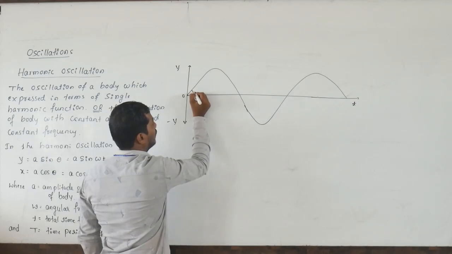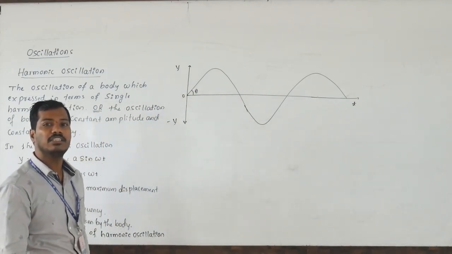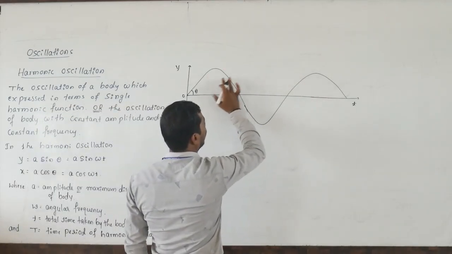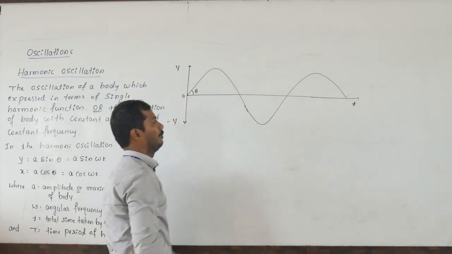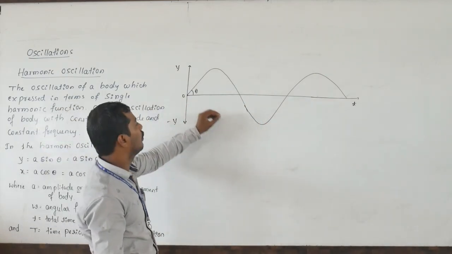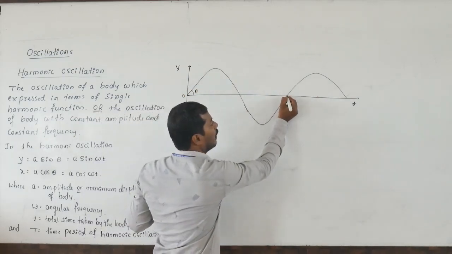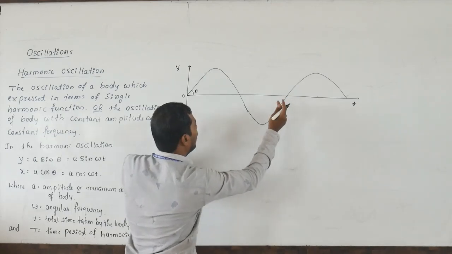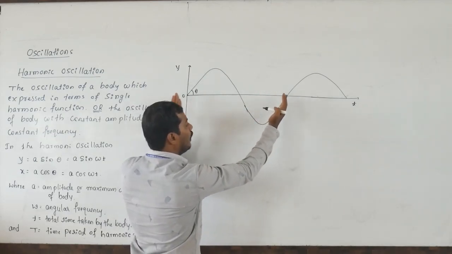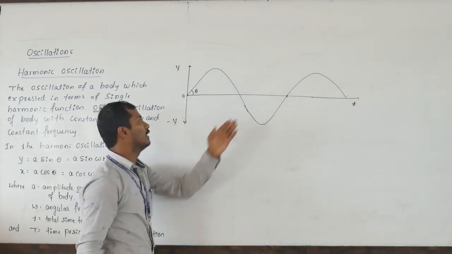Theta is the angle made by the body which starts to oscillate. The amplitude of both waves should be the same, and the frequency of both waves should be the same. Up to here it completes one time period or one wavelength. Then the next one starts here.